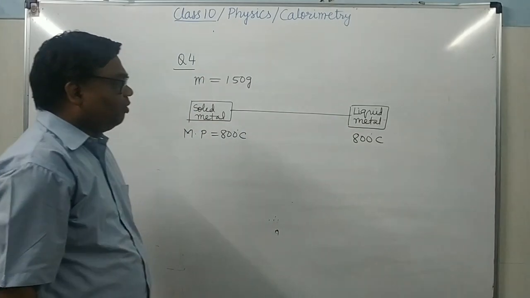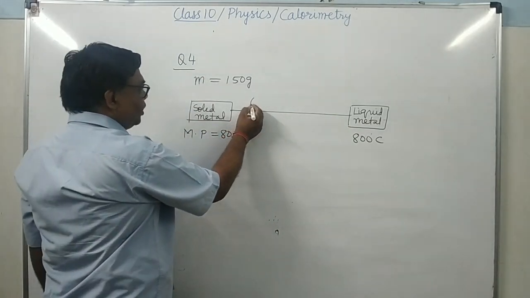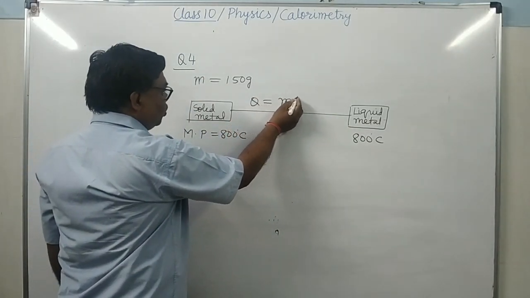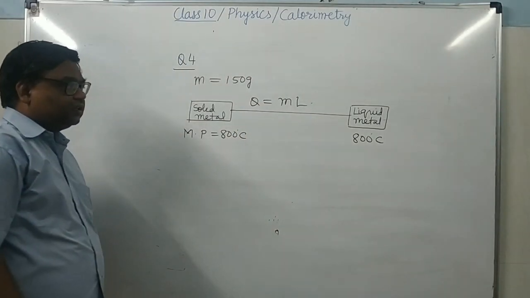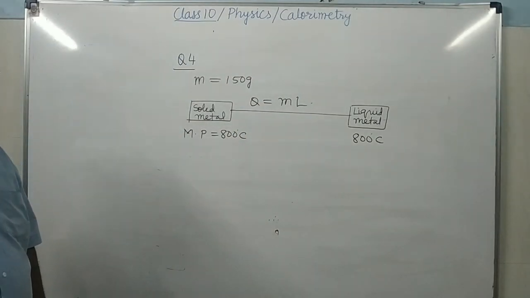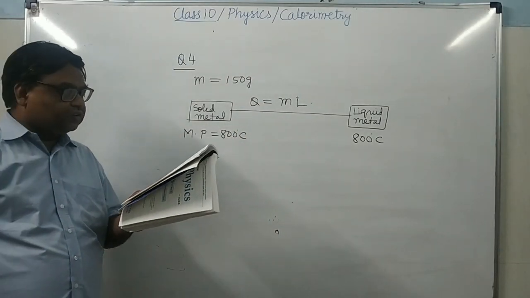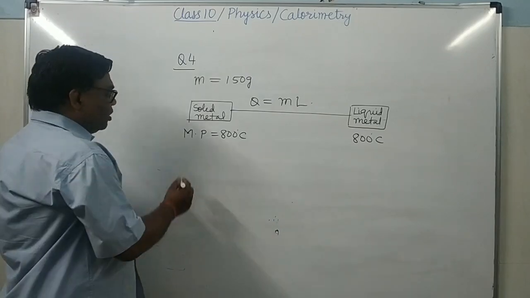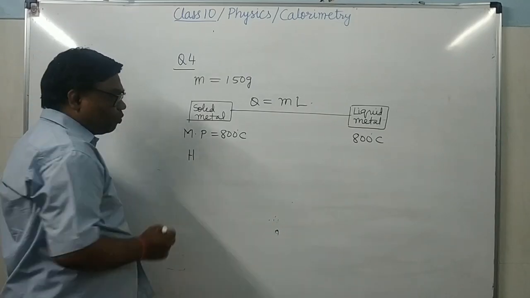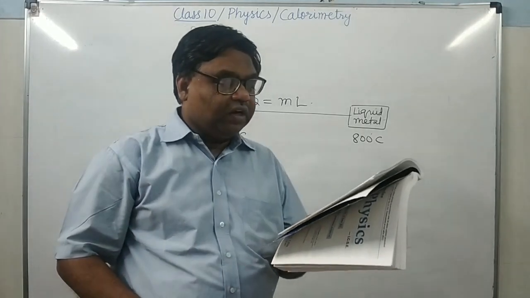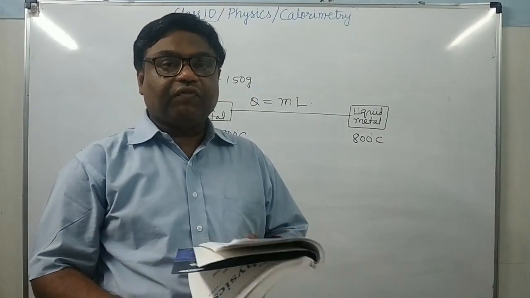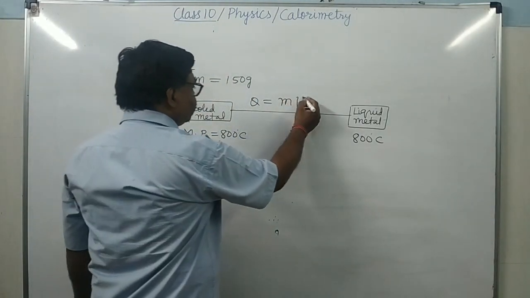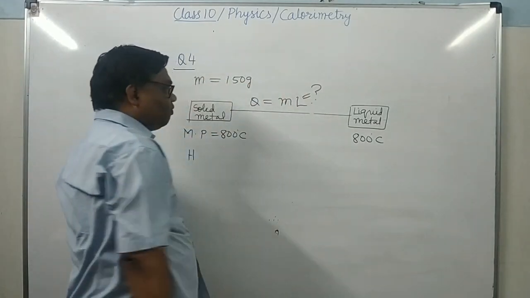What type of heat will be absorbed? Heat absorbed will be Q equals M into L. It's clear? You have to find the specific latent heat of fusion of the metal, means this value of L.